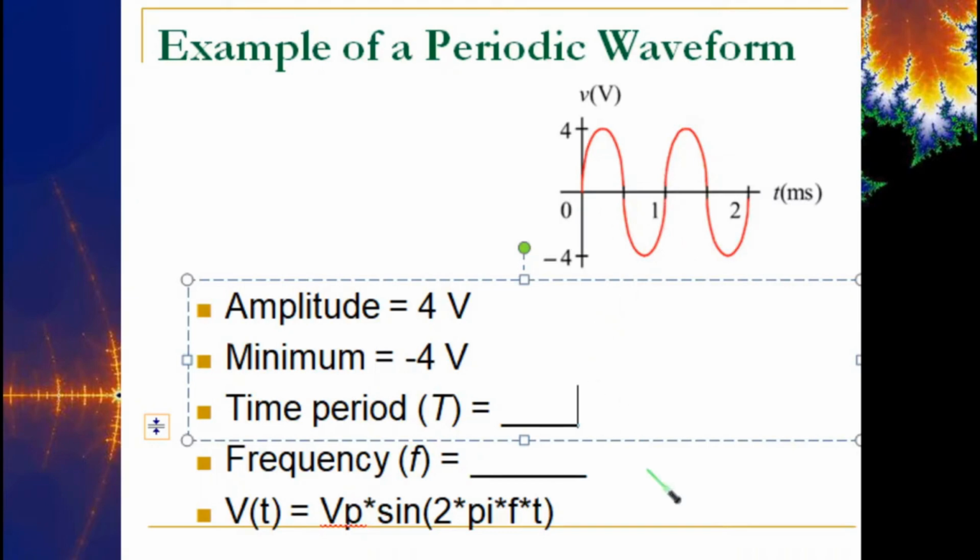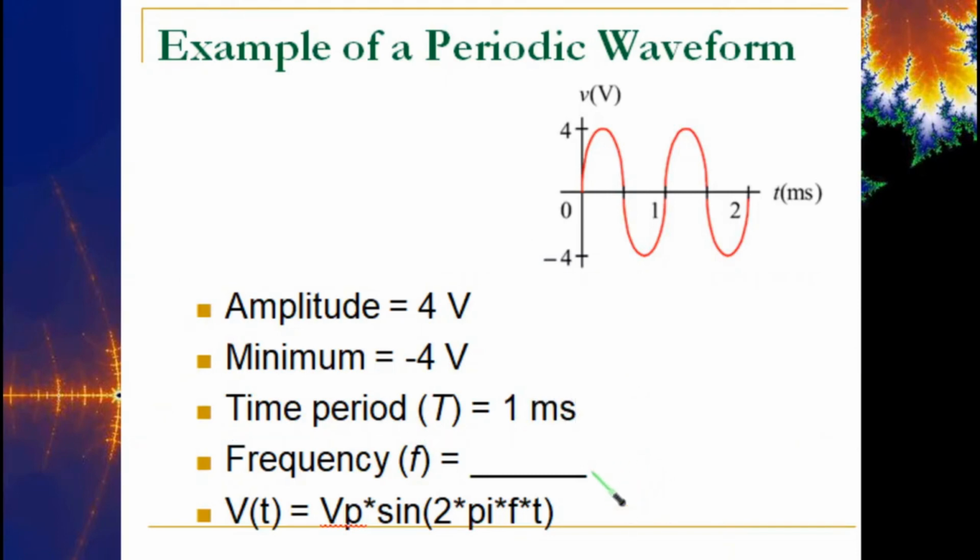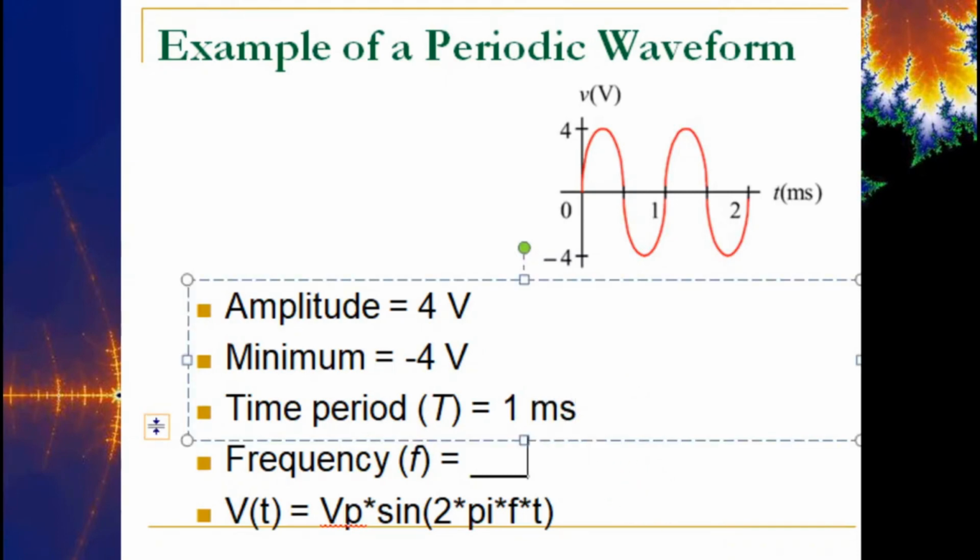The period is 1 millisecond. The frequency is going to be the inverse of that, so we have 1 divided by 1 millisecond. And if you were to do that calculation, you should come up with 1 kilohertz.